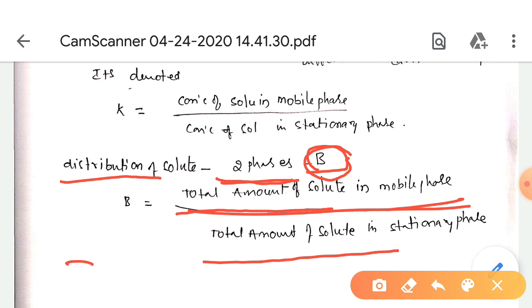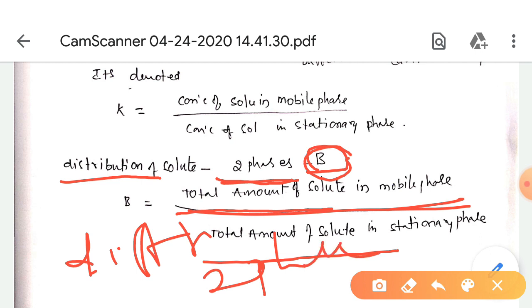So the distribution between the two phases is on the basis of differences.